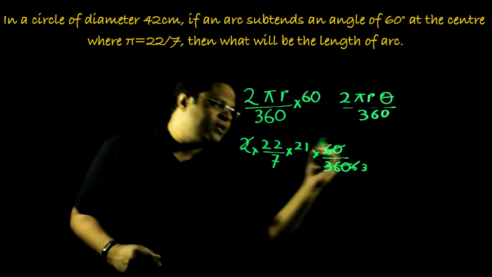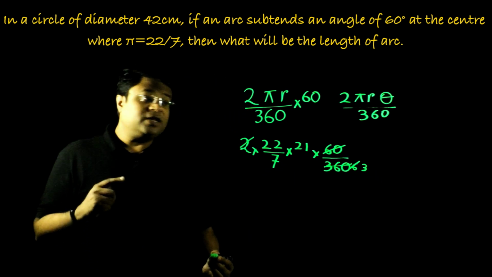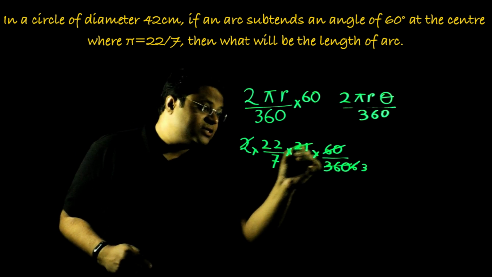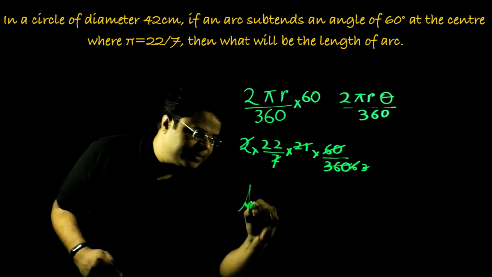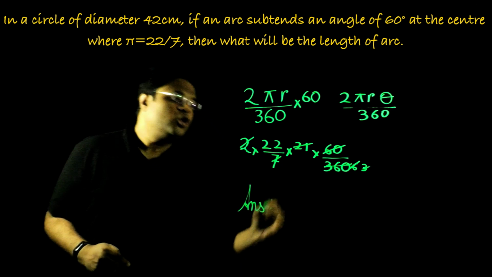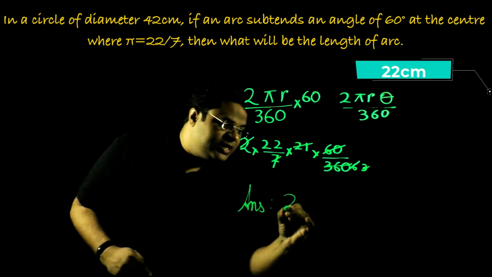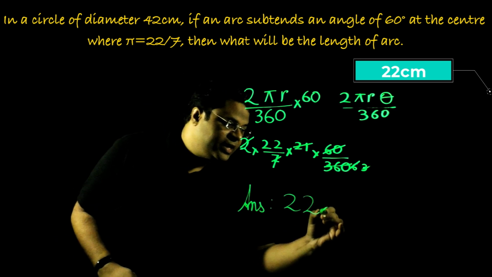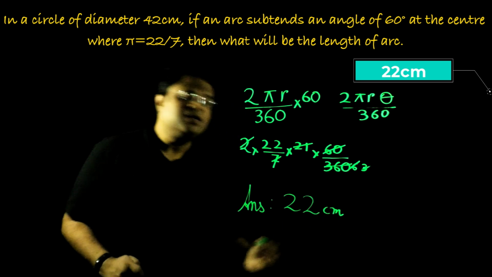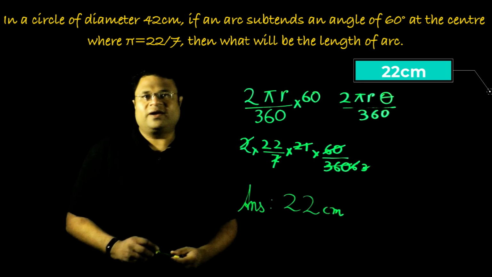Now 7 into 3 is what? 7 into 3 is 21, and this 21 gets cancelled. So I straight away get my answer, which is 22 units. In this case, it will be centimeter. So that's your correct answer.